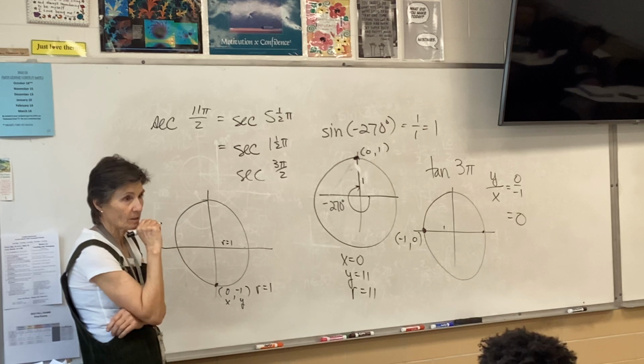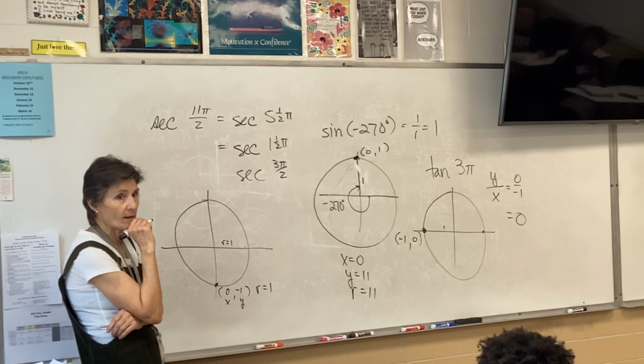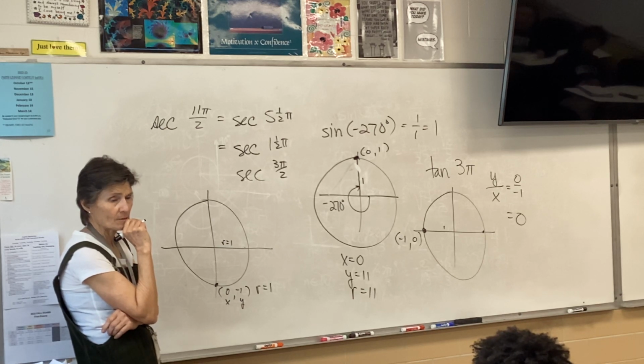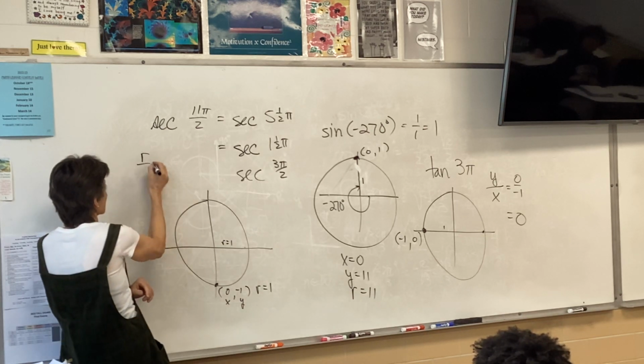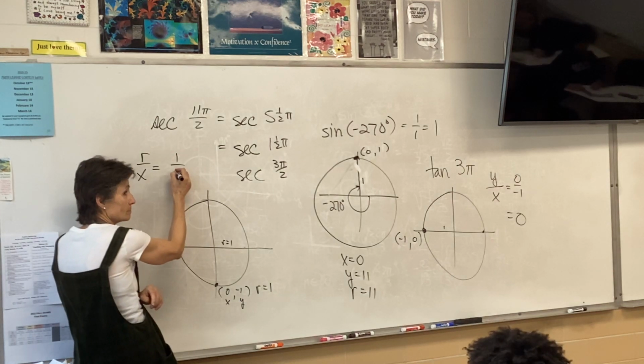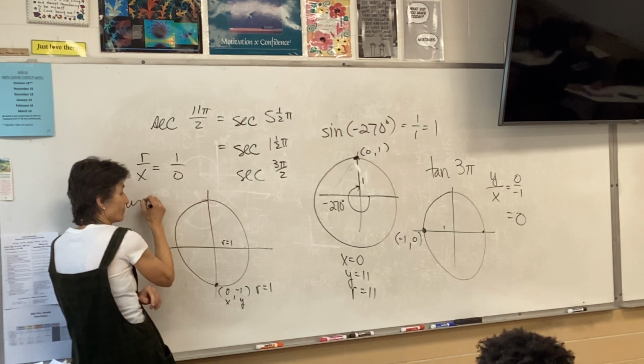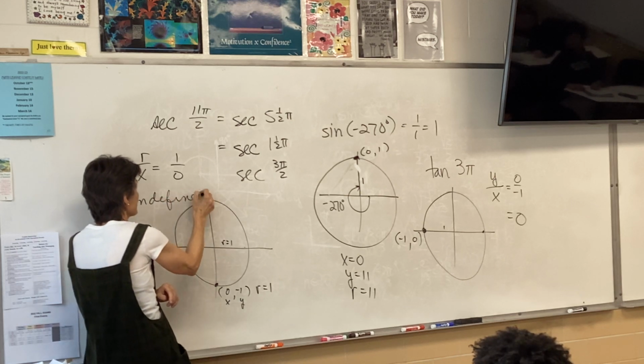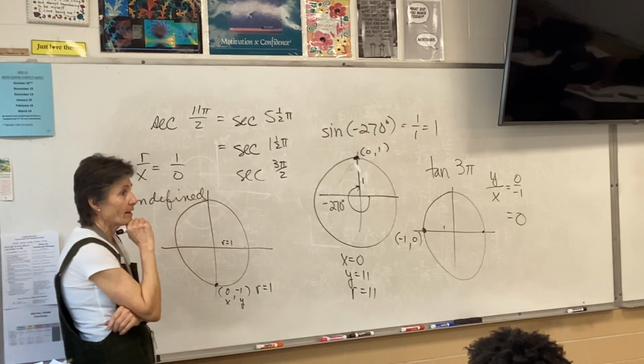Secant is the reciprocal of cosine. Cosine is x over r. So this will be r over x, which is undefined. There is no secant for 11 pi over 2.